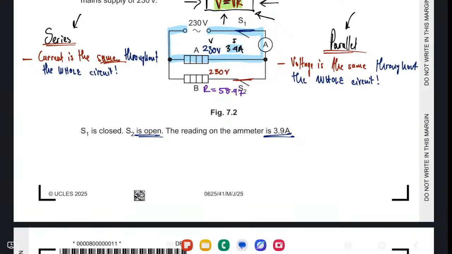We know that the resistance for this one is 58.97, so it's the same for this other one because they're identical. So for B, it is also 58.97. Well done, you now know R.